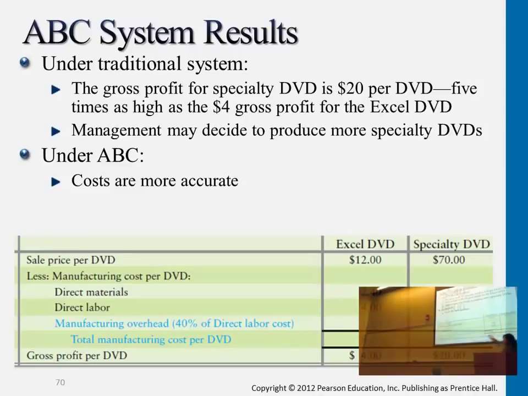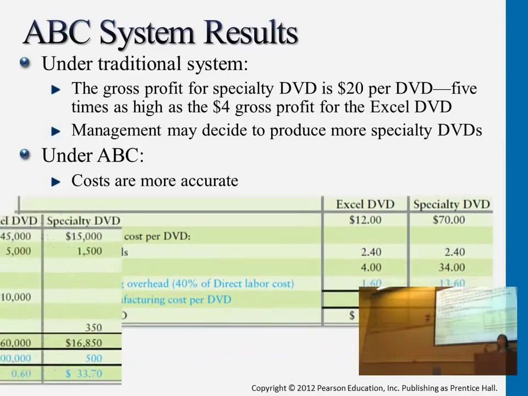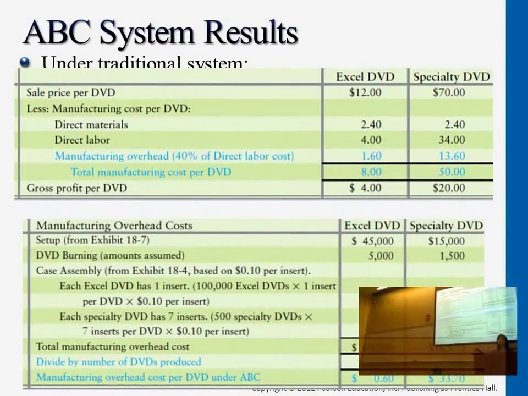So based on this information here, we know that we're only assigning manufacturing overhead based on direct labor cost here, right? This is an example from last chapter. So we just used direct labor cost to assign the manufacturing overhead cost. And now we use ABC, activity-based costing. We're trying to understand better what's actually factoring in the production line.